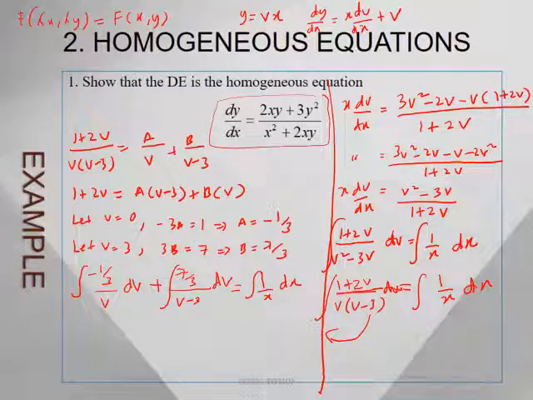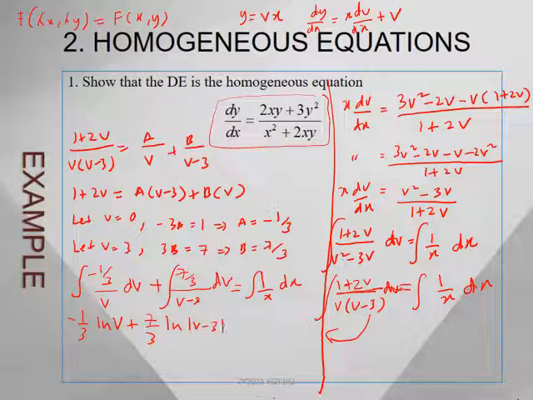So what we get here will be negative 1 over 3 ln v plus 7 over 3 ln v minus 3 equals ln x plus c. Right, so you obtain everything here.